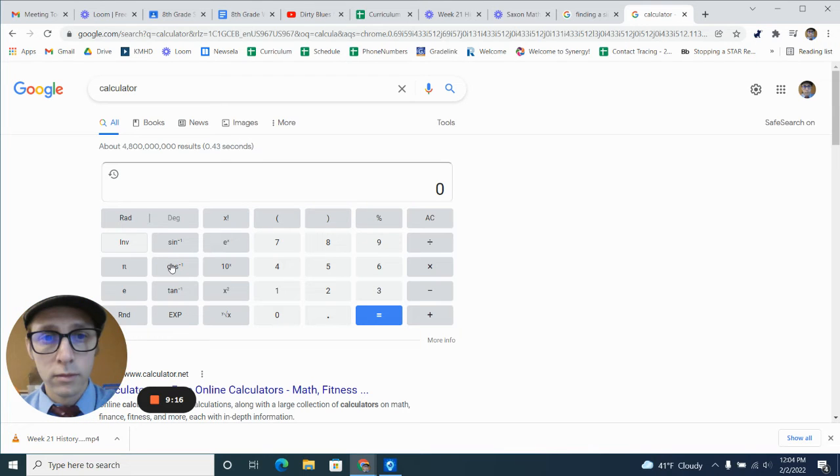Inverse, I think, sine 8 divided by 10. I think that's right. Oh, that's just the angle. Oh, that's why. It's not in degrees.